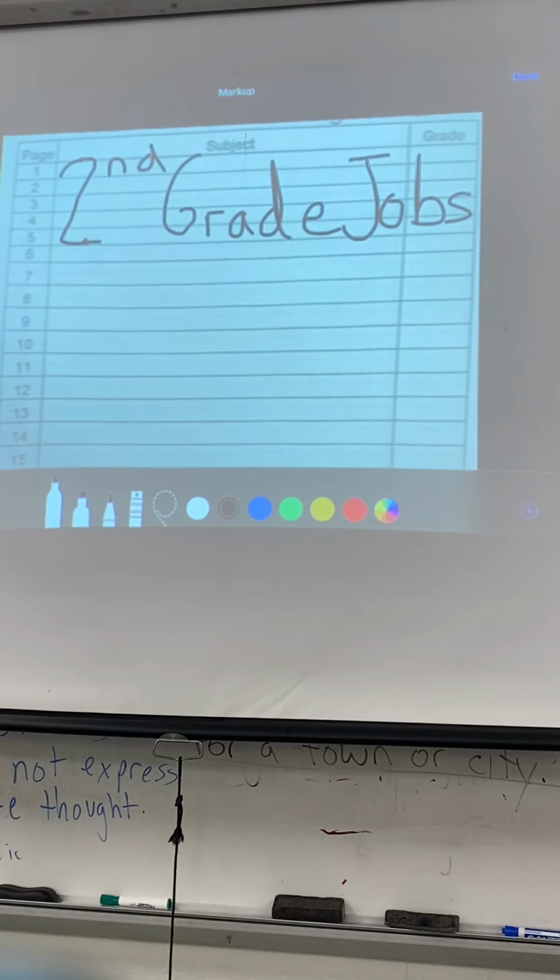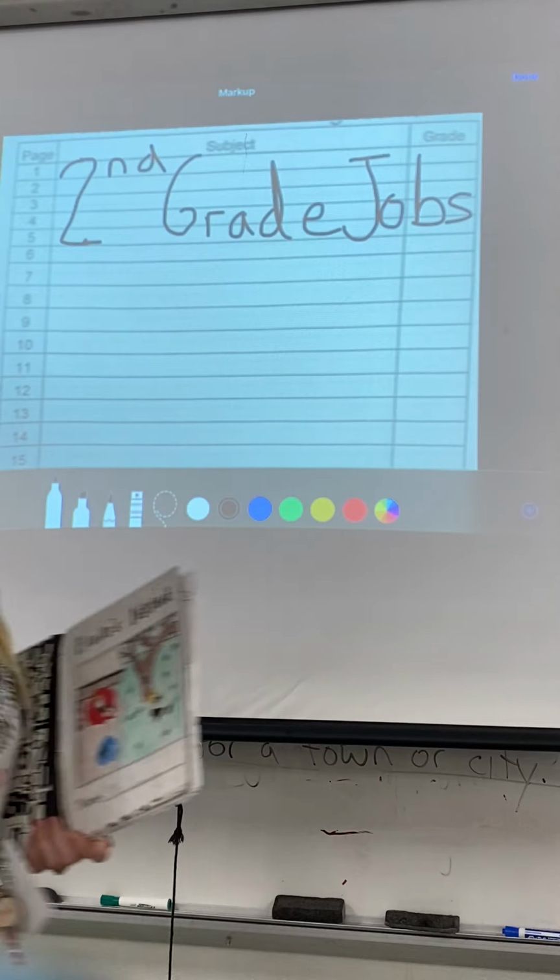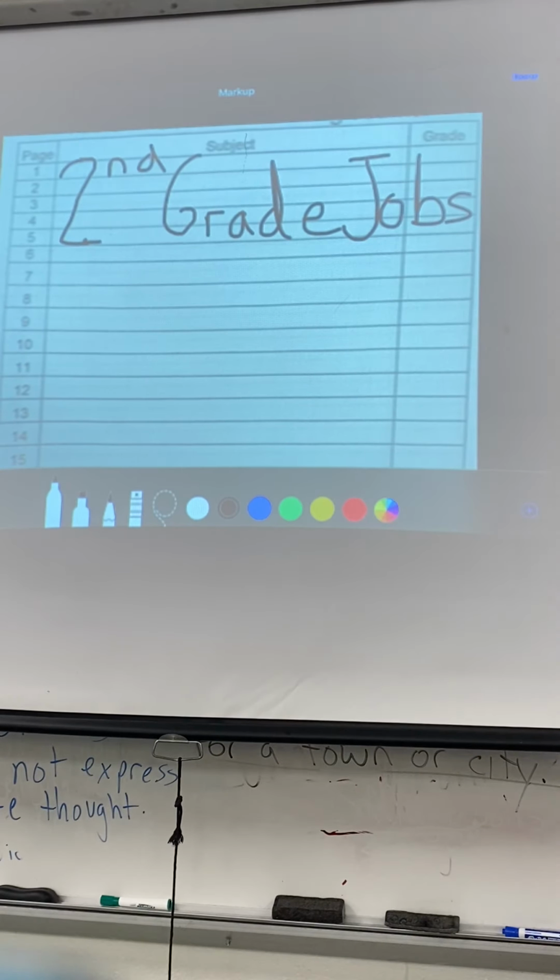If for some reason your big writing didn't get to the 5th line, then make sure you're just crossing out that 5th line, because again, that is the 5th page, all the way up to the 5th page. If it goes over a bit, that is okay. Mine did, so yours will probably do that too.